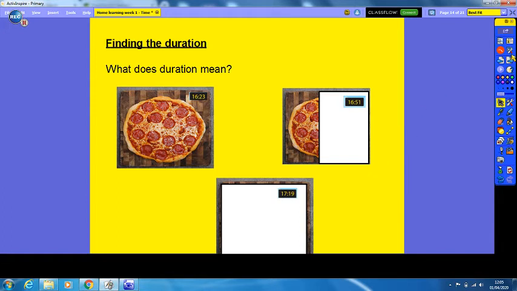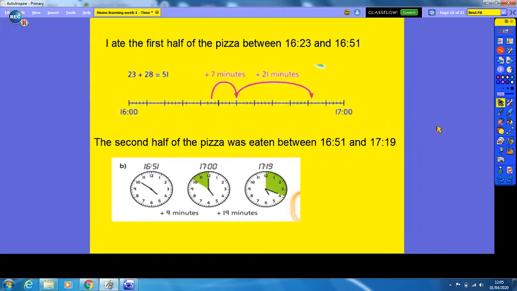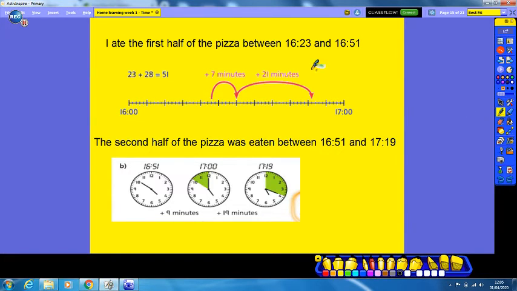We're going to start off with the first half. As the hours haven't changed, we just need to look at the minutes, and find out how many minutes it takes me to get from 23 to 51. I've got my time of 16:23 here, and I'm going to jump forward 7 minutes to get to my next nice whole number, which is 16:30.